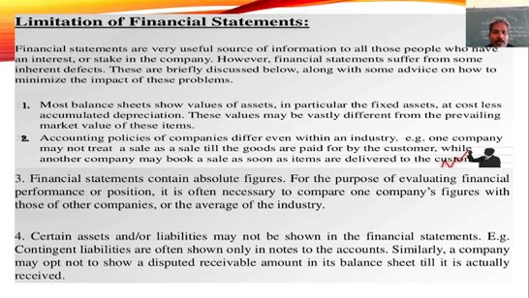Similarly, a company may opt not to show a disputed receivable amount in its balance sheet till it is actually received. Yes, income earned but not received is not disclosed in the balance sheet. Only after receiving it should they include it. Right, so these are all the major limitations of financial statements.